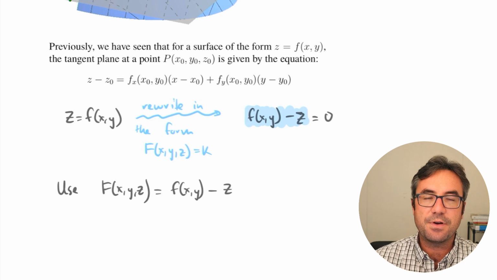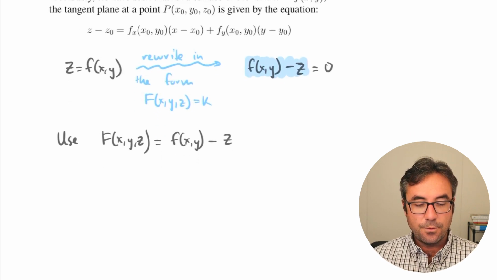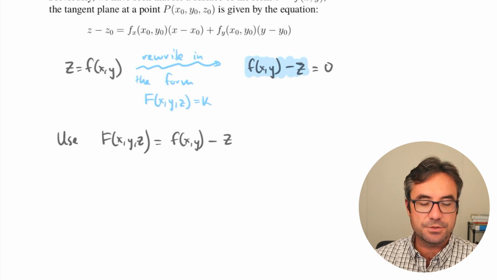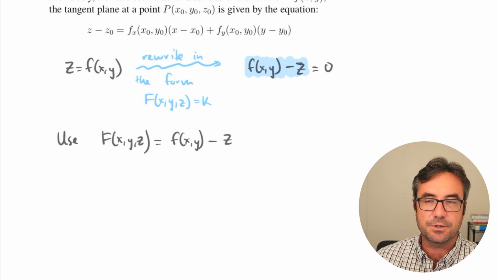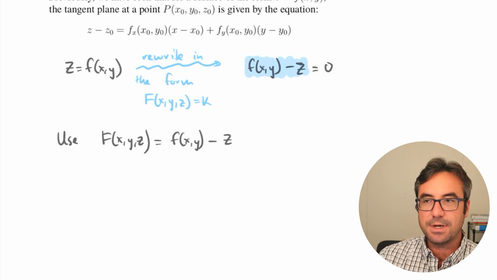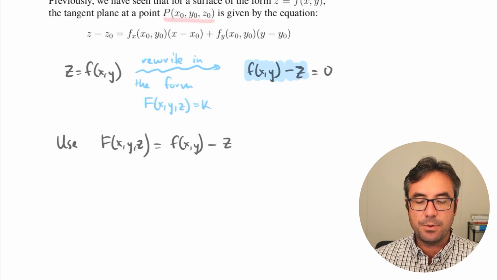And so if we want to find the tangent plane for this level surface, so this is going to give us a level surface, it's some function of x, y, z set equal to a constant. So this is a level surface, and we're looking at a specific point.